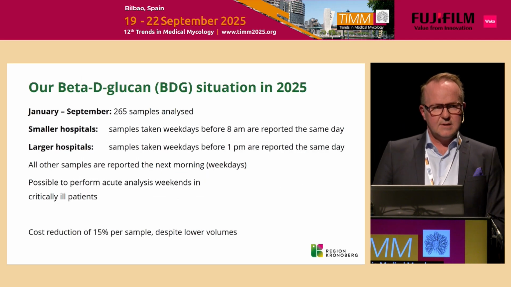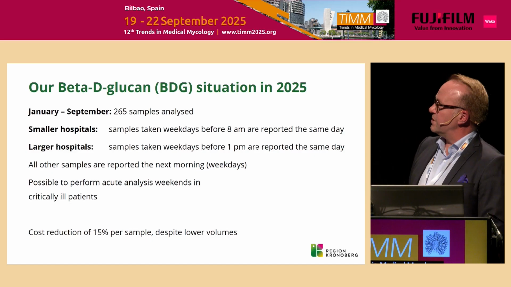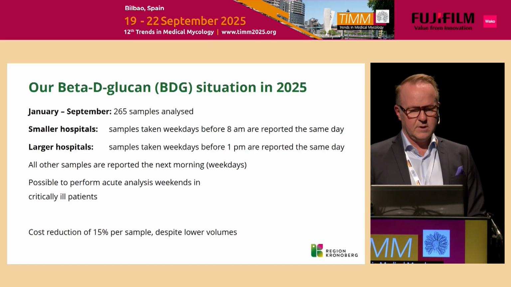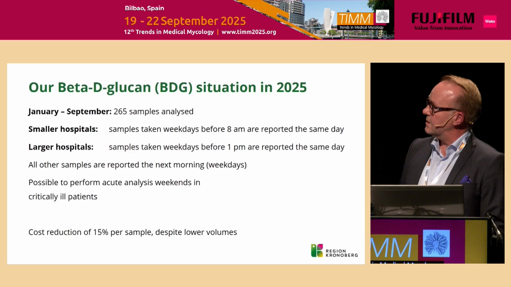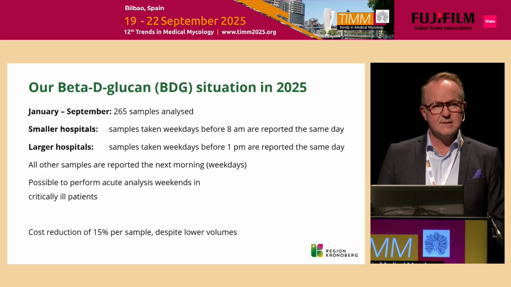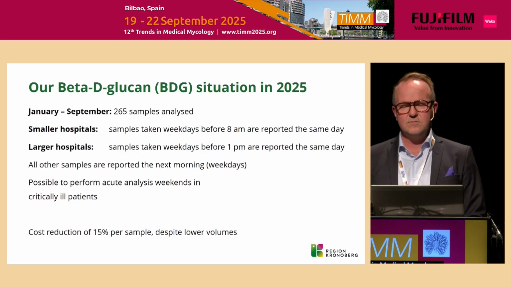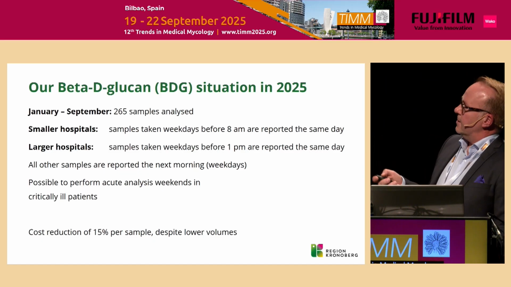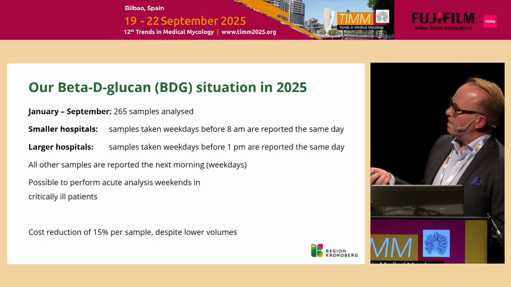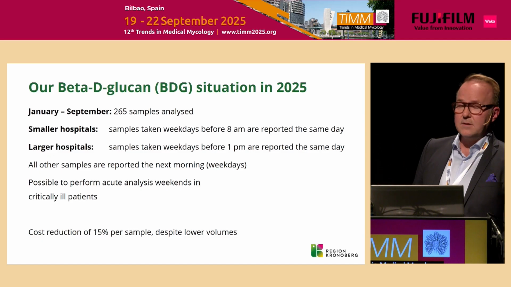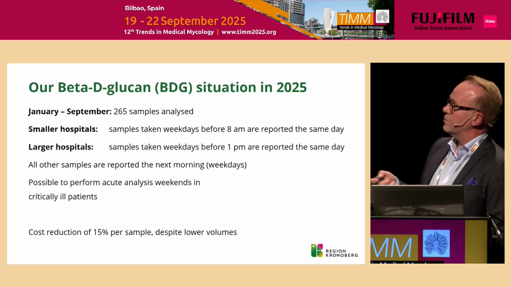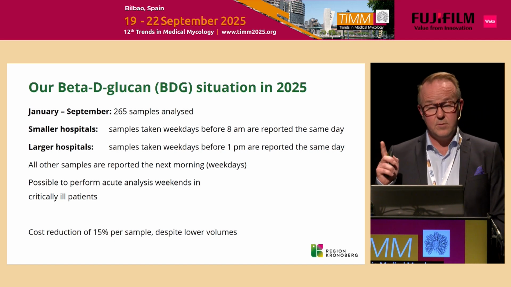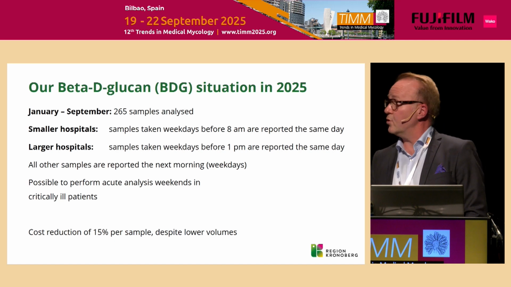So how has this transformed our situation from the one before 2024? During this year, we have analyzed 265 samples so far. We will probably end up around 400 on an annual basis. For the smaller, more distant hospitals, if samples are taken on weekdays before 8 a.m., due to frequent transport, we report results the same day, even though we're only performing this assay in one of our 2 laboratories.